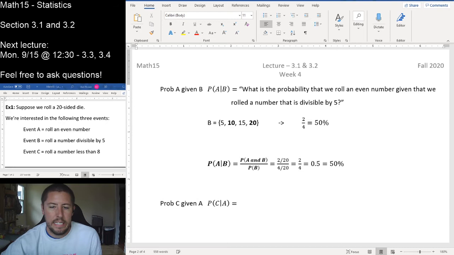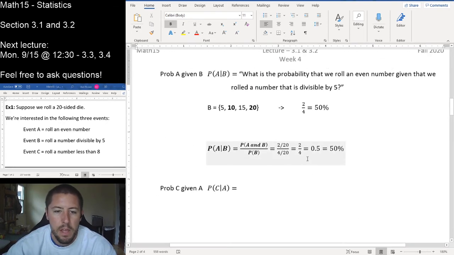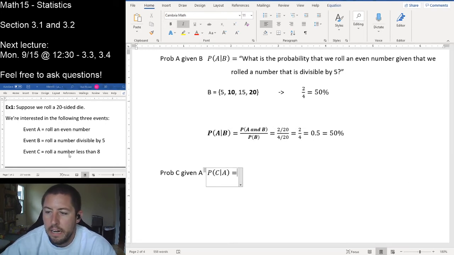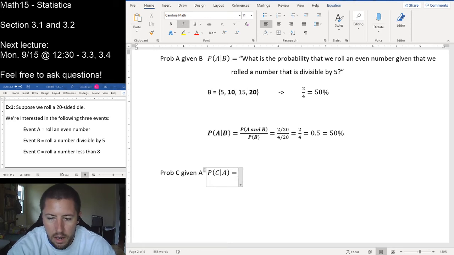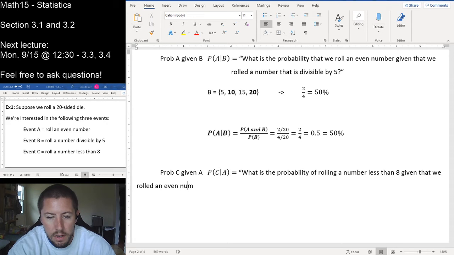So let's do one more exact same thing right here, and then we'll move on to our next example. So the probability of C given A. We have identified event C as rolling a number less than 8, given that we rolled an even number.